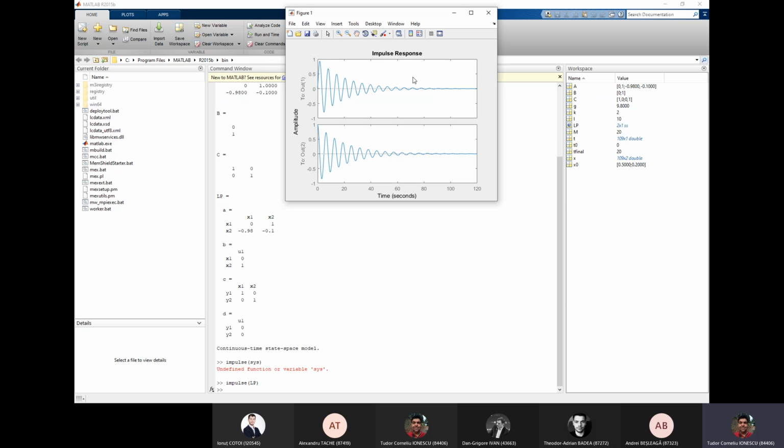Displacement and velocity. So we get the same pictures we did using numerical integration. But this is now computing what we saw last time, if you remember, the free evolution of the pendulum, because it's an impulse response. The response to initial conditions is similar to an impulse response, as I showed you last time. Of course, it's a convolution system and so on, but this is an impulse response.